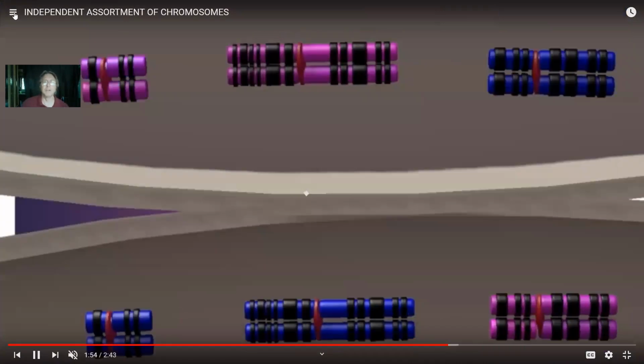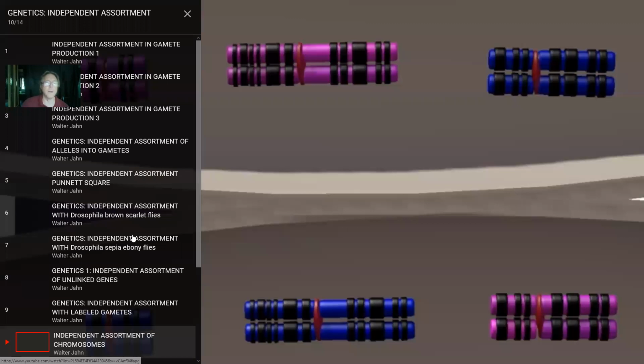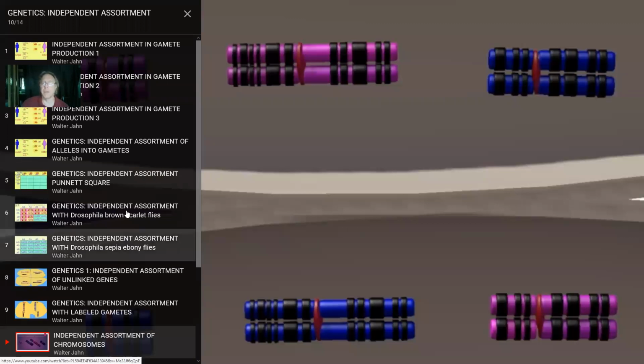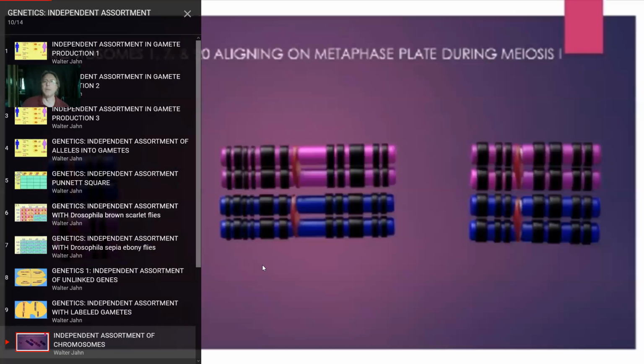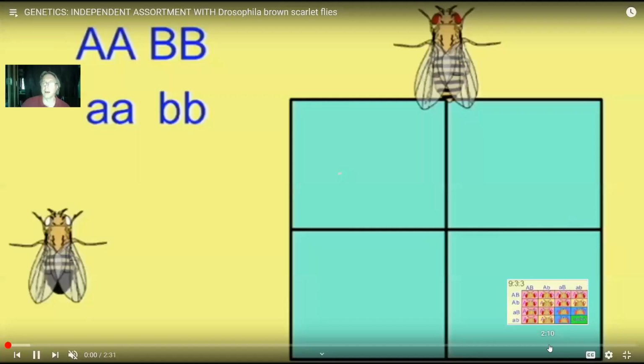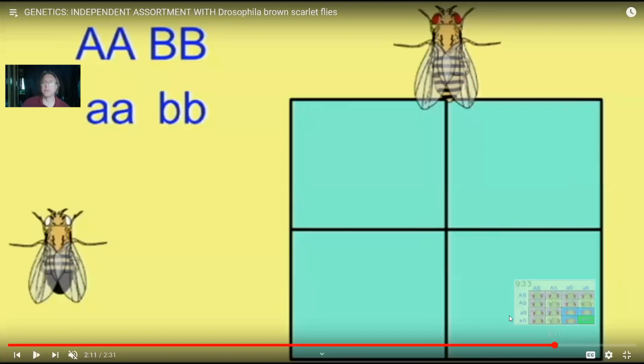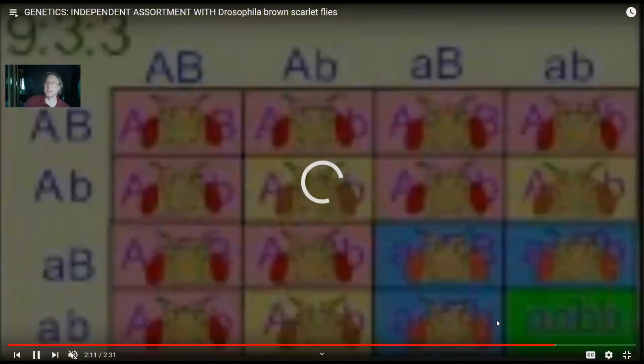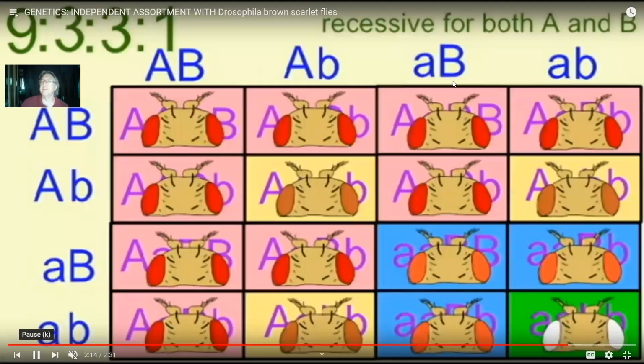All right. So before I go to the exceptions, what Mendel observed was that the alleles for one trait don't always travel with alleles for the second trait. So if the female fly in the first generation had dominant A and dominant B alleles, they don't always travel together.